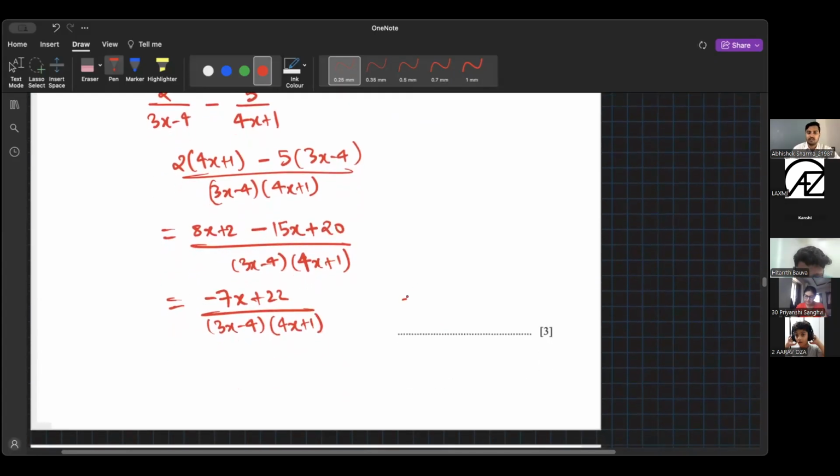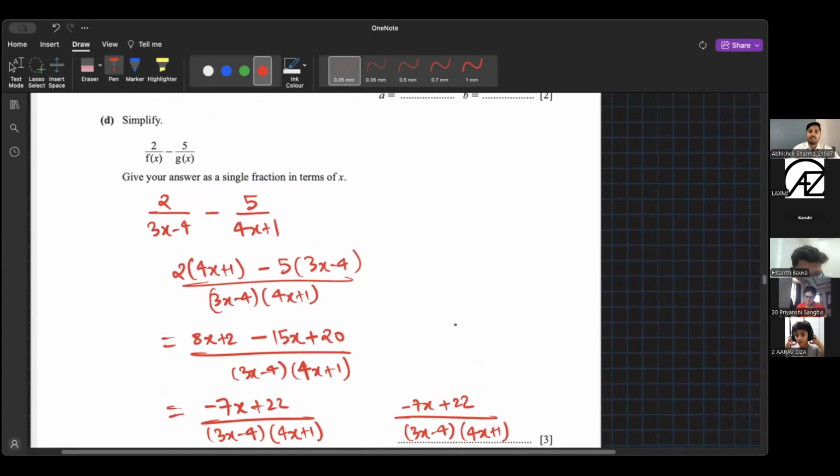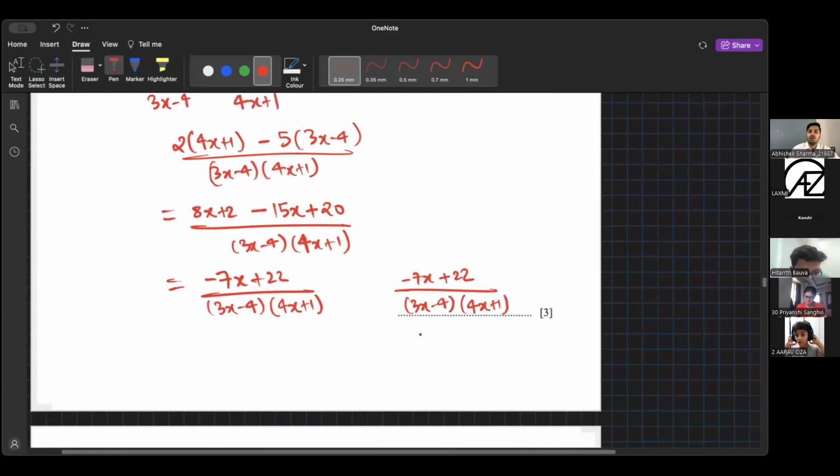So we can write it here: minus 7x plus 22 divided by (3x minus 4) and (4x plus 1). This is the answer. Or we have to simplify? Or you can see simplification is not possible. We did not multiply the denominator values.